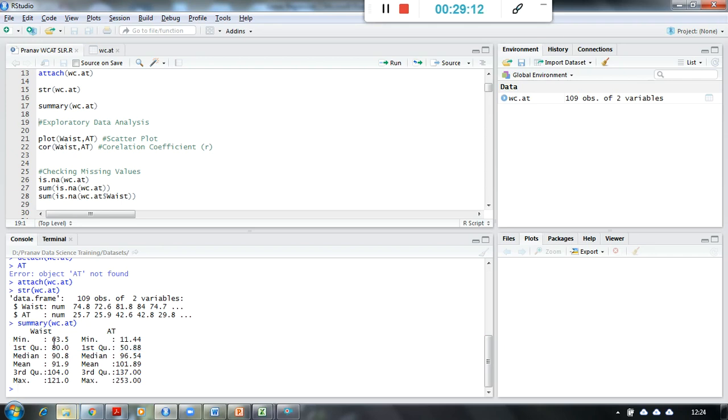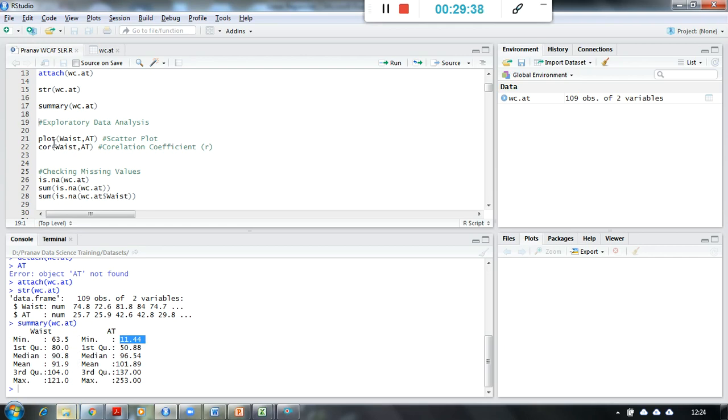It doesn't mean that the person having waist circumference 63.5 is having this adipose tissue area. No. Maybe a person having 90 as a waist circumference can have this adipose tissue, okay. So it is a minimum and maximum value available within the data. That is one understanding we have to make over here.